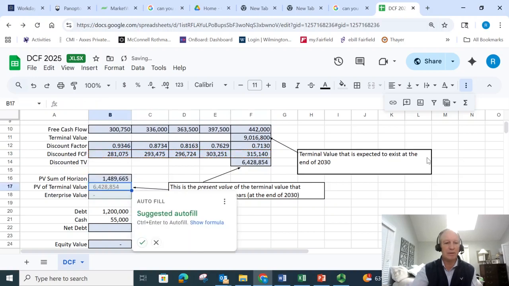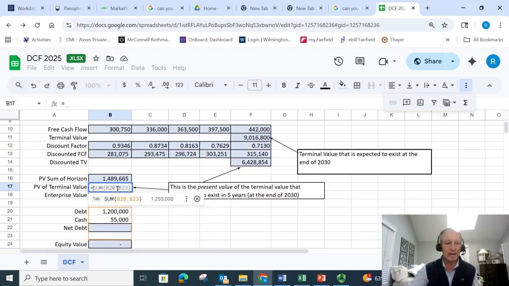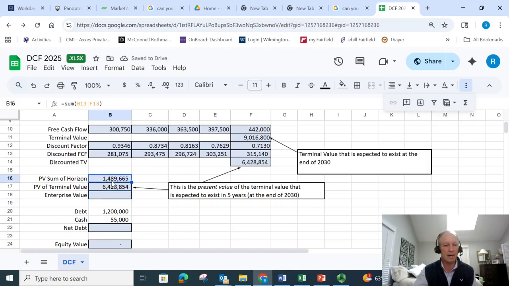Okay, and I'm also going to here simply, and it kind of seems to know it, I'm going to hit equals this number here, the discounted terminal value. So I've got the present value sum of the horizon cash flows plus the present value of the terminal value. You can see that 6.4 million number is the same as that number there. I'm just linking that number there.